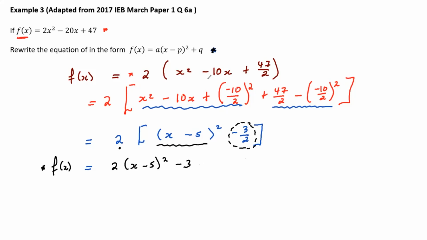It's factorization, but we're doing the completing the square method. We factored out the coefficient of x squared, which is 2 in this case. Then after that, we did everything that we did in the previous one. Take the coefficient of x divided by 2, squared, add, subtract it, then factorize the first guys here, and then it's x minus 5. Check the number in the bracket again. I keep saying this, the number in the bracket and its sign.